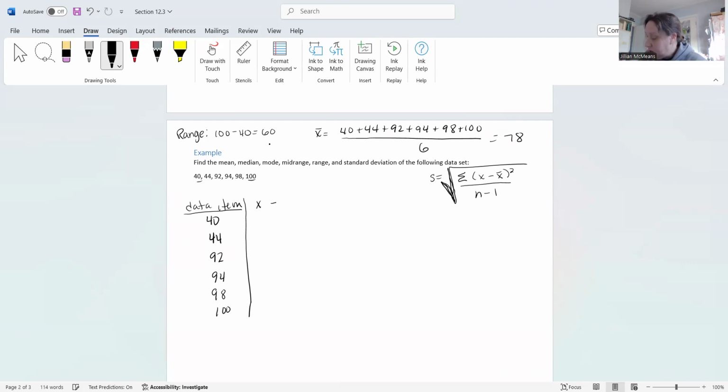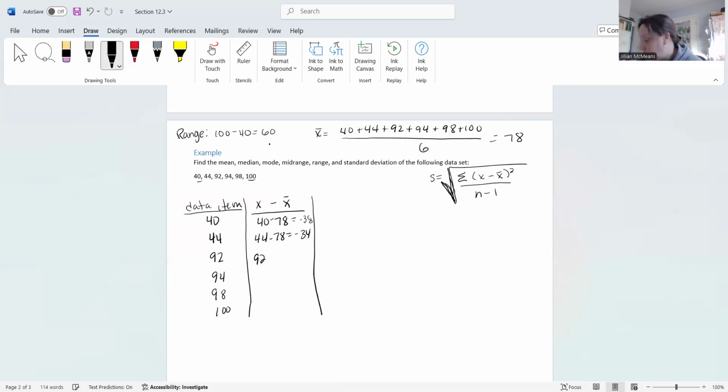I'm then going to take each data item and subtract the mean. So we have 40 minus 78, which is going to be what? Negative 38. We have 44 minus 78, which is negative 34.